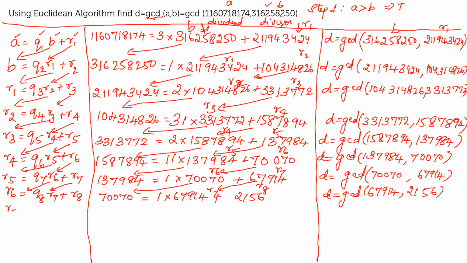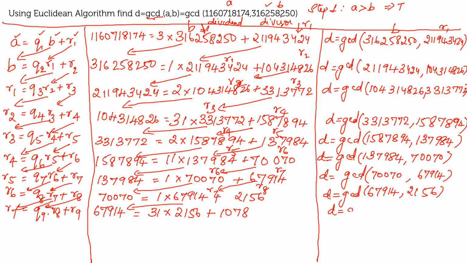So your next step is going to be R7, which is equal to Q9 into R8 plus new remainder will be equal to R9. So what will be your value after shifting? 67914, which will be equal to the new quotient is equal to 31. Okay, 31 into 2156 plus your new remainder is going to be 1078.